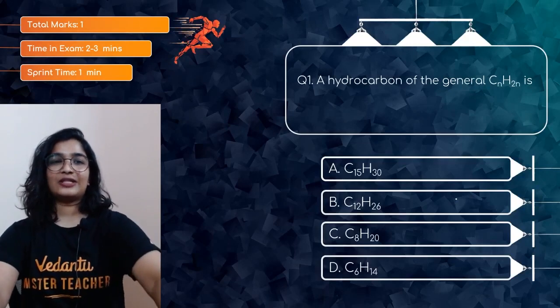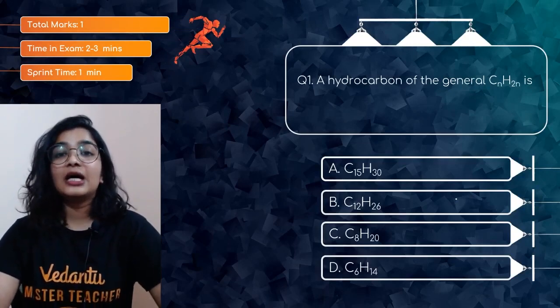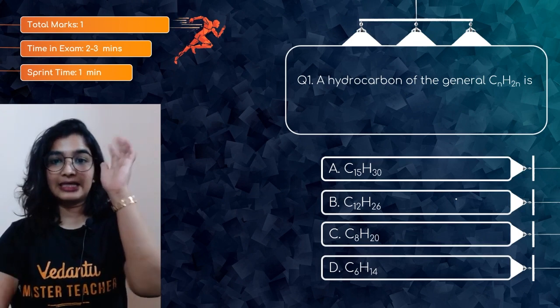Okay, here's the first question, for 1 mark. A hydrocarbon of the general formula CnH2n is.